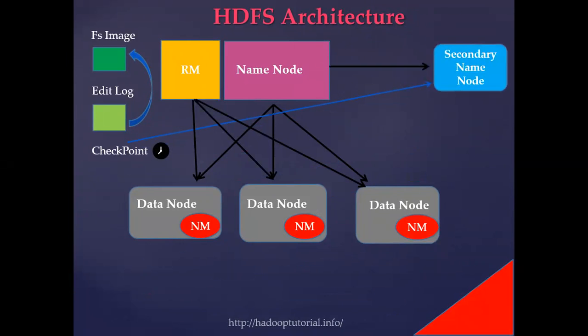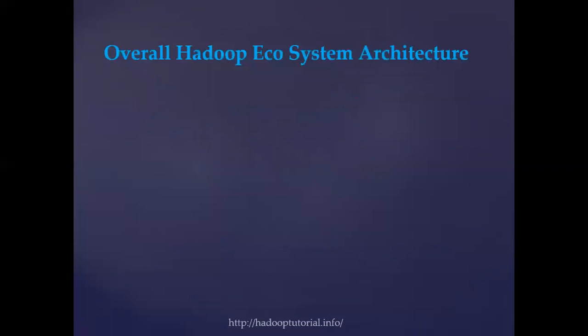I will anyway give you the in-depth details and roles and responsibilities of each of these components again in our practical sessions. So this is how the master-slave architecture looks on a high level.